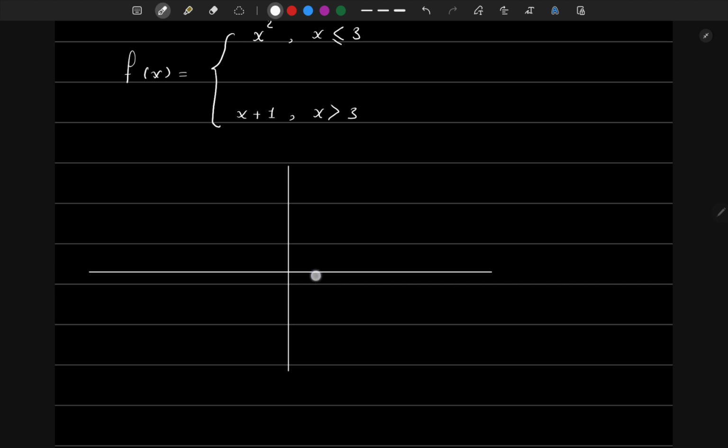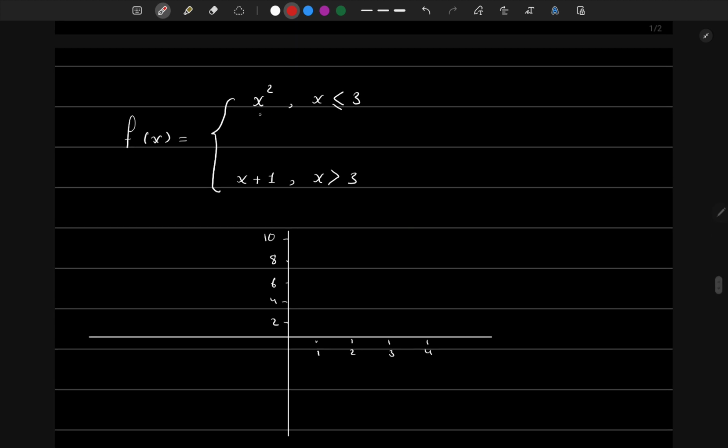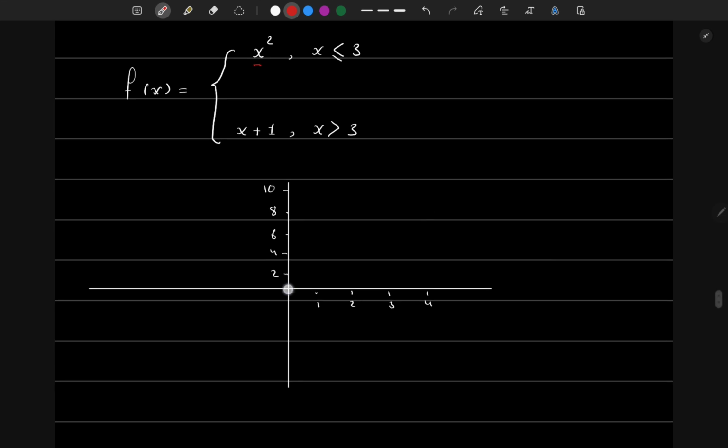and put here 1, 2, 3, and 4. Let's put 2, 4, 6, 8, and 10. So when x equals 0, it's smaller than 3, so x squared, 0 squared is just 0. When x equals 1, 1 squared is 1.